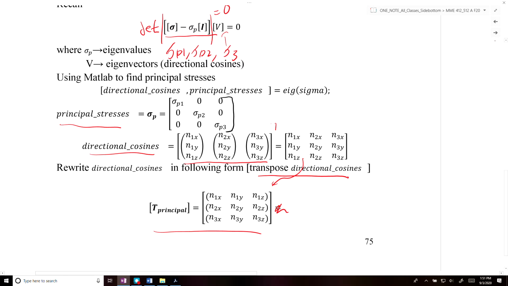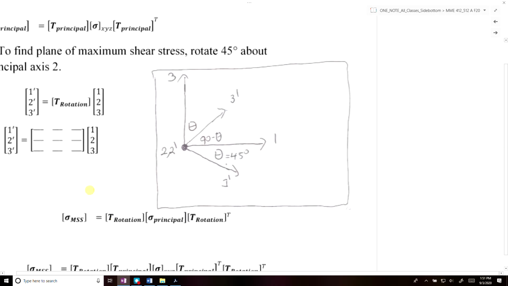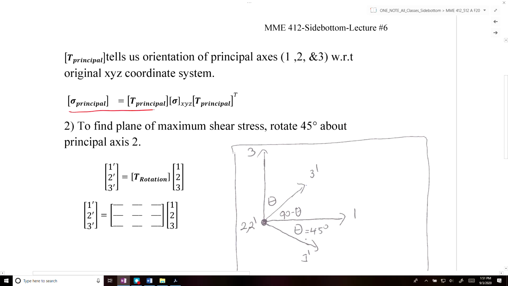After that rotation, you end up with this equation to determine your principal stress matrix from the original XYZ coordinate system matrix.